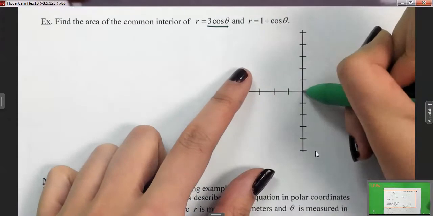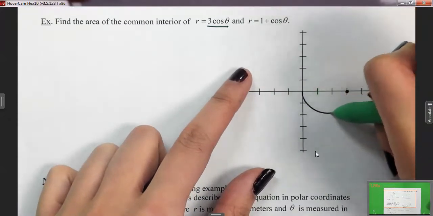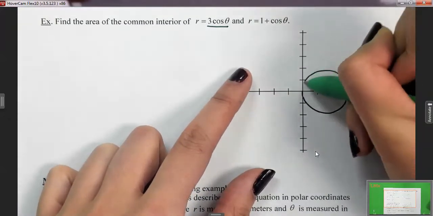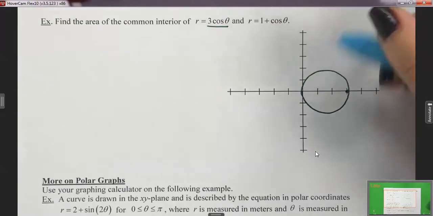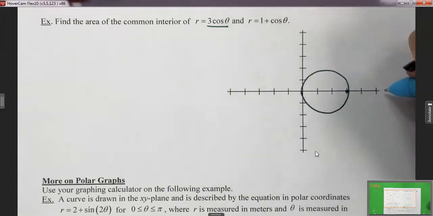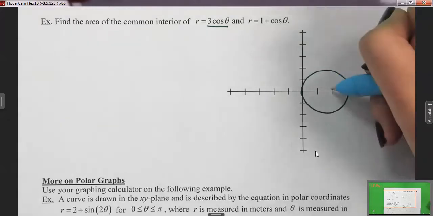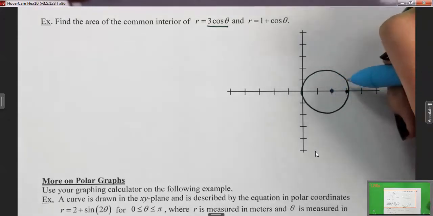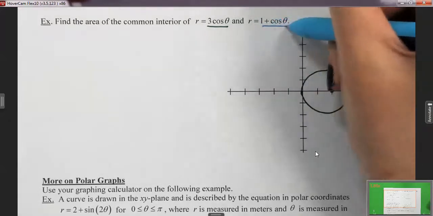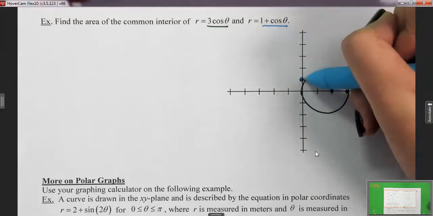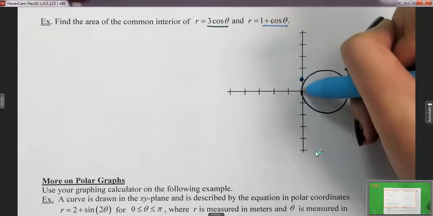Circle, diameter of 3. 1 plus cosine theta is a cardioid, right? 0 plugged in is 2. Pi over 2 plugged in is 1. Pi plugged in is 0.